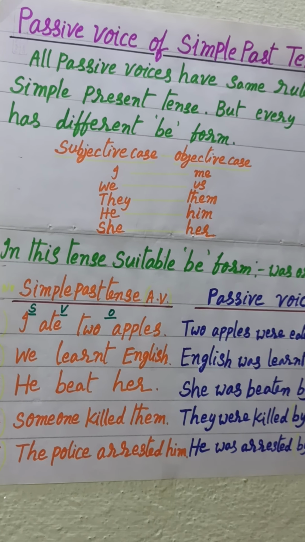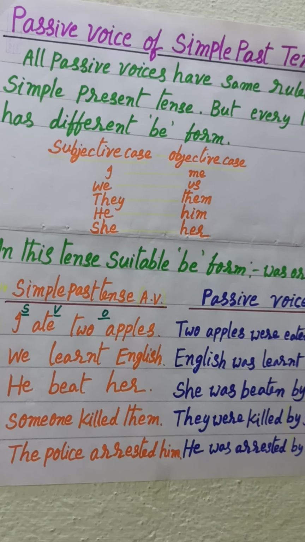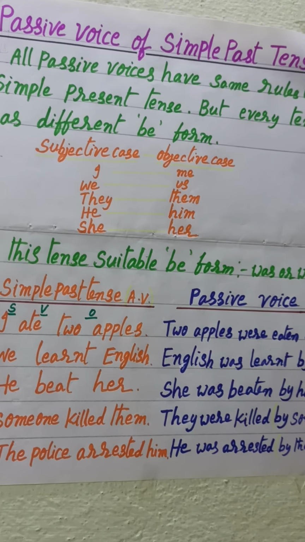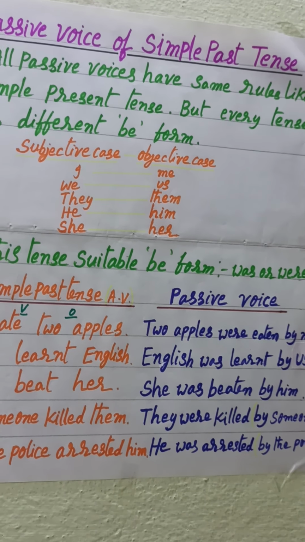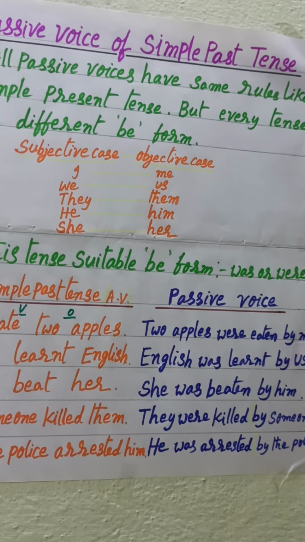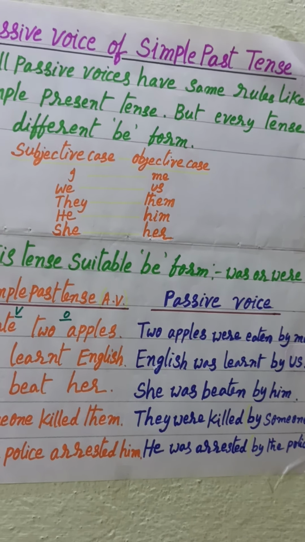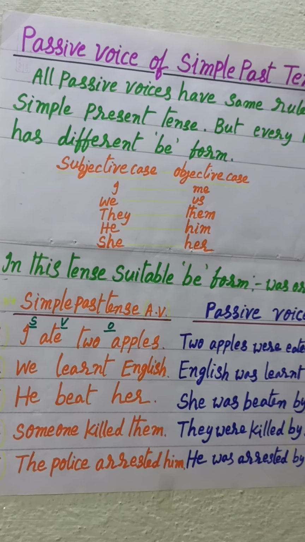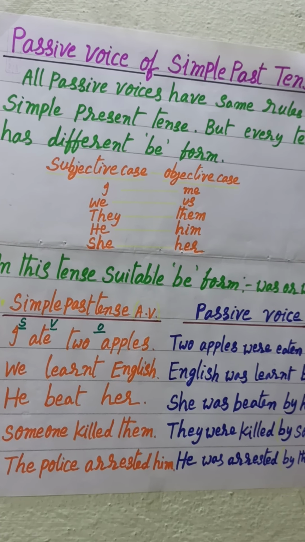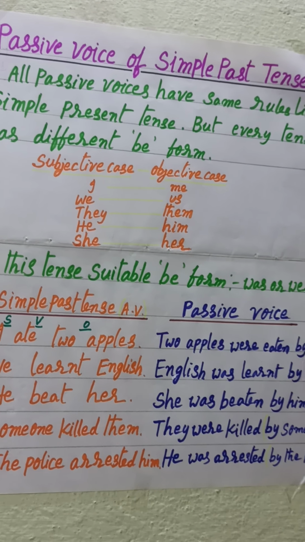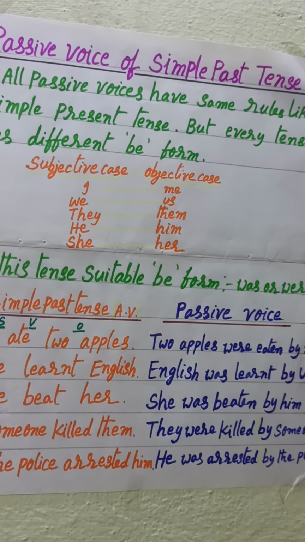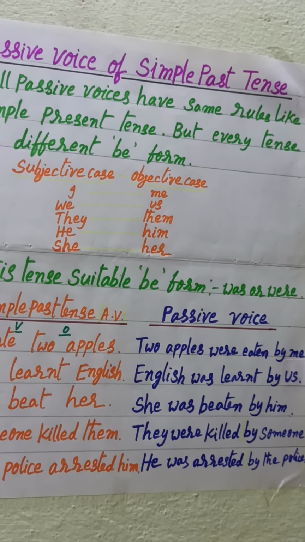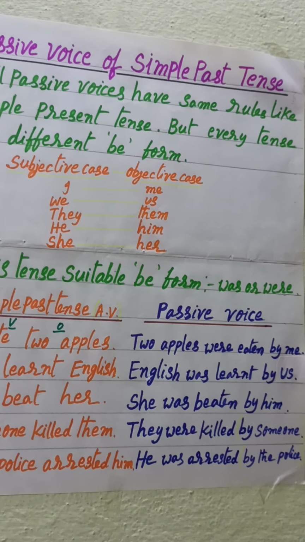The third sentence: he didn't beat her. In the passive, she was not beaten by him. The fourth sentence: someone didn't kill them. In the passive, they were not killed by someone.